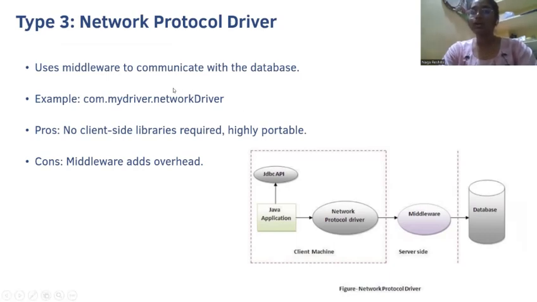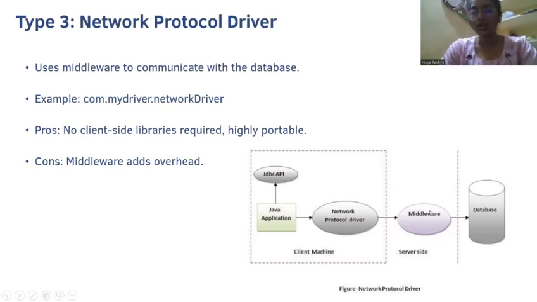It uses a middleware to communicate with the database. As Type 2 driver uses the client-side libraries, it is not good and it is platform dependent too. So if we want to eliminate this issue, we use middlewares to connect the drivers and JDBC. Here's the example usage: com.mydriver.NetworkDriver.